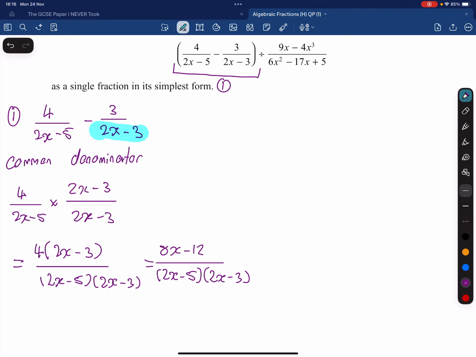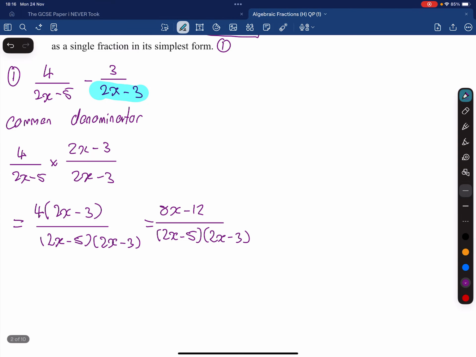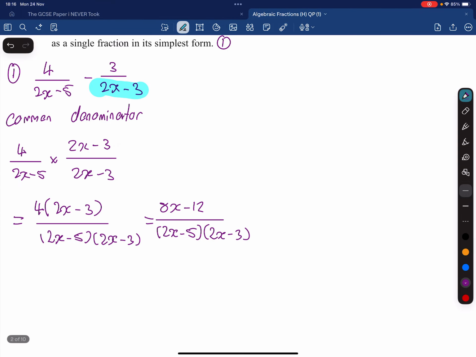Cool. So now we need to do the same to the right-hand fraction. So we need to do minus 3 over 2x minus 3, multiply the top and the bottom by the denominator of the left-hand fraction. So that would be multiply the top and the bottom by 2x minus 5 divided by 2x minus 5.